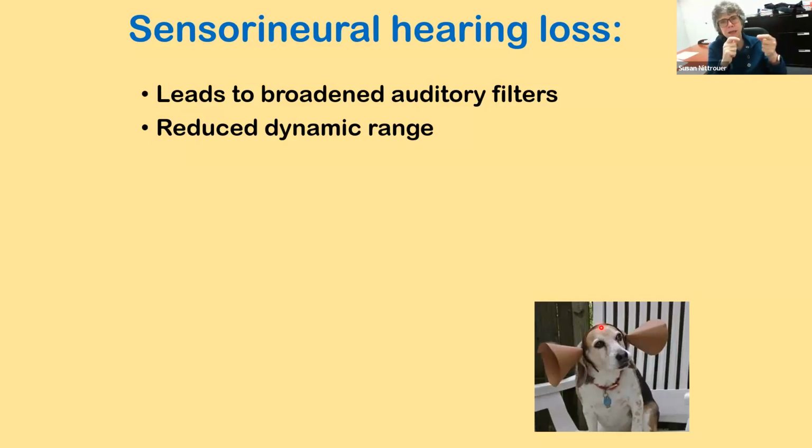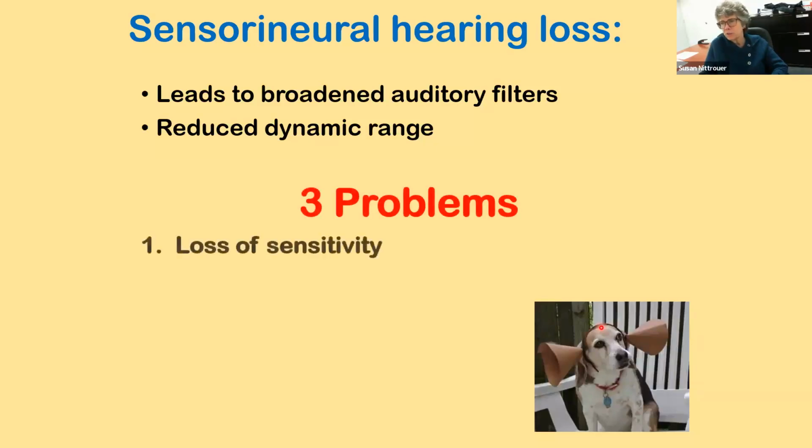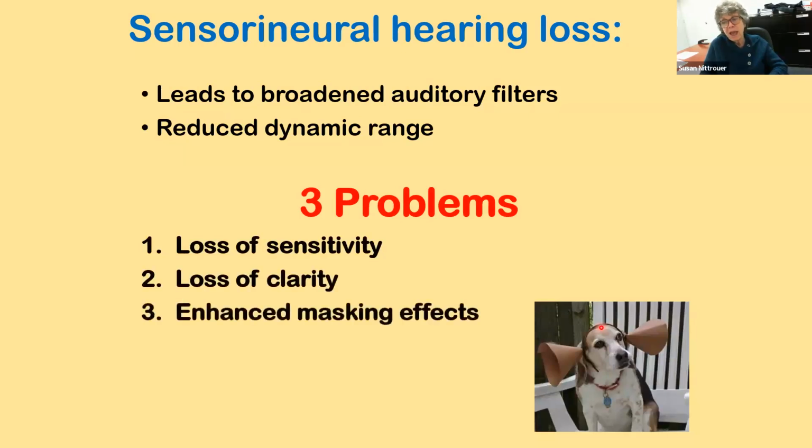So you do not get as sensitive or as robust loudness scaling when you have a hearing loss. So again, the three problems: you have a loss of sensitivity, a loss of clarity, and again, because you lose that loudness scaling, you're not going to be able to listen in the dips of the background noise as well.